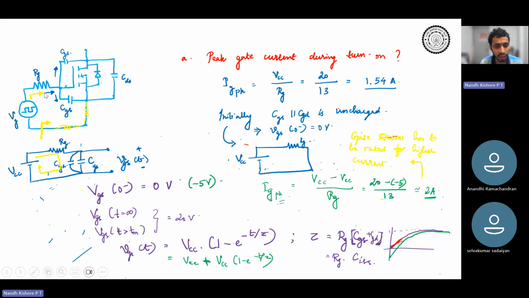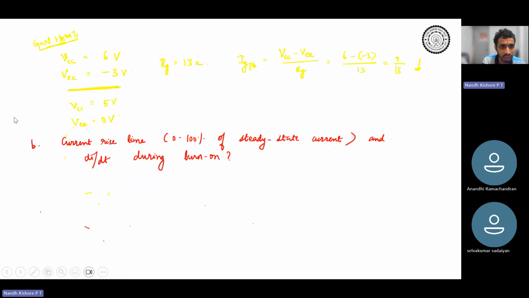So I need to remove charge from the gate, and that is when your gate current becomes negative. So it is during the turn off period that you will be sinking current into VG. The direction would be opposite.